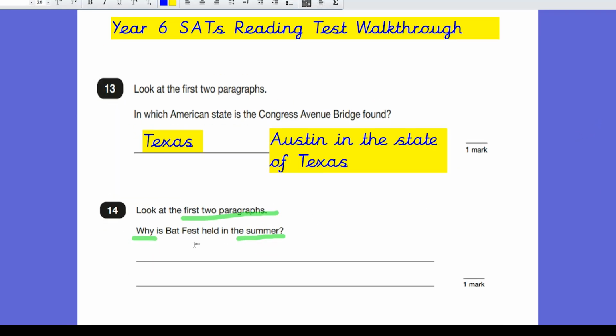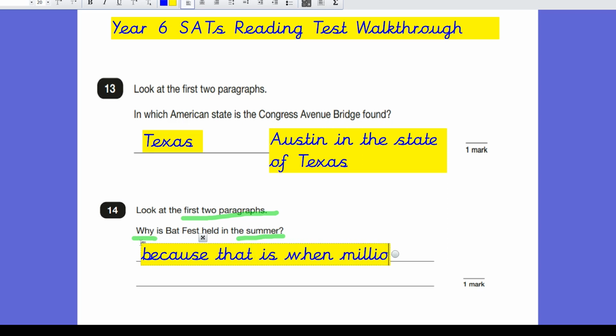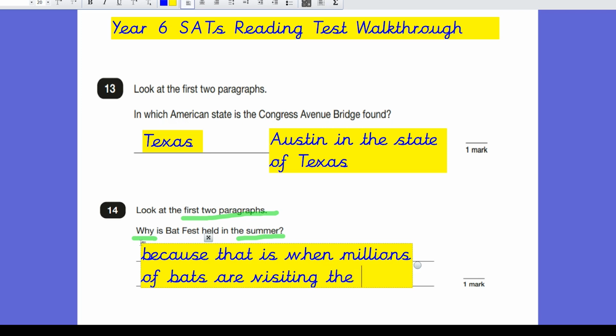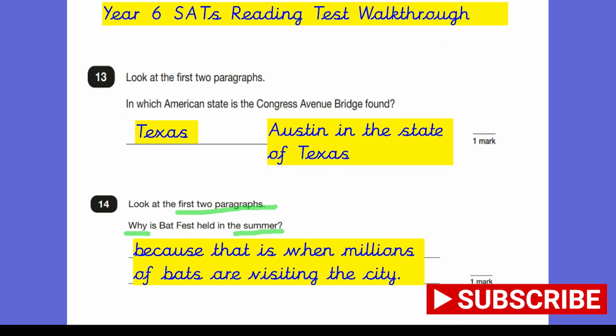So why is Batfest held in the summer? Again, using that word because, that is when millions of bats are visiting the city, and that would be a correct answer for a mark.